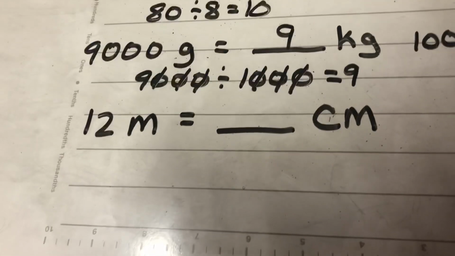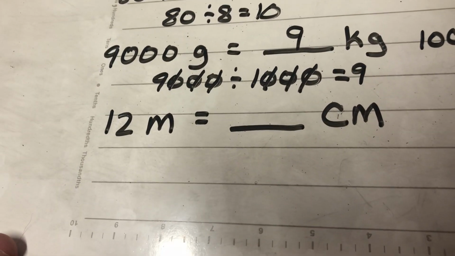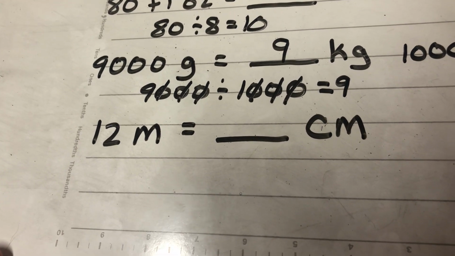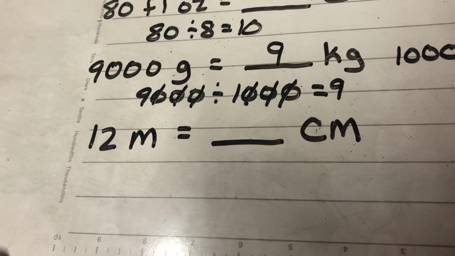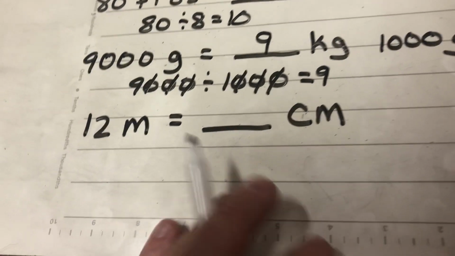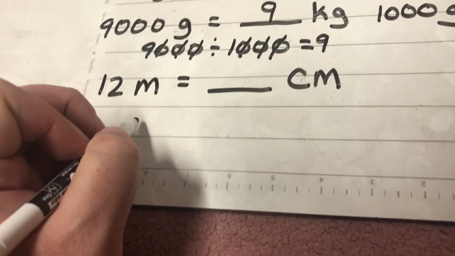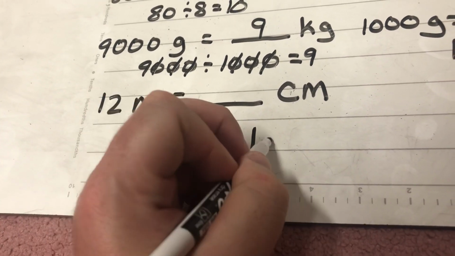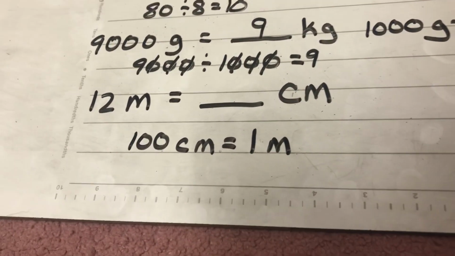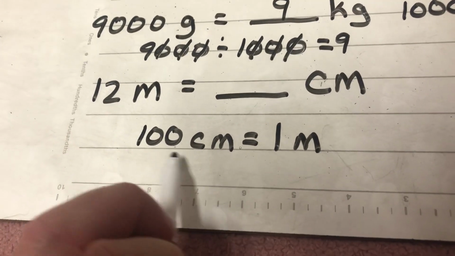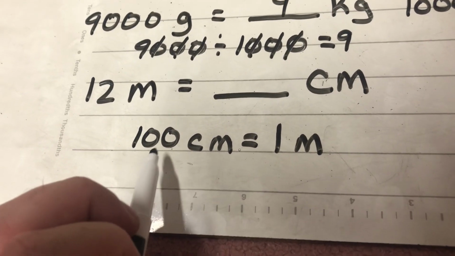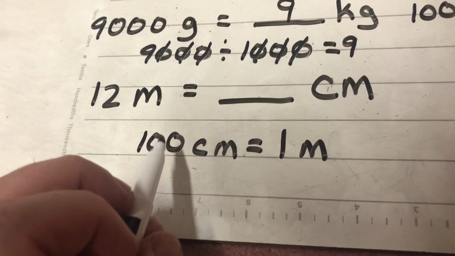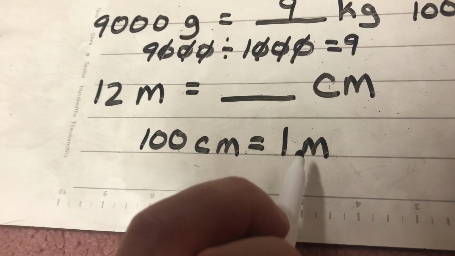Well, my next one, 12 meters equals blank centimeters. Well, if I look at my conversion chart, it's going to tell me that 100 centimeters equals 1 meter, which tells me that 1 centimeter is smaller than 1 meter because it takes 100 centimeters to make just 1 meter.